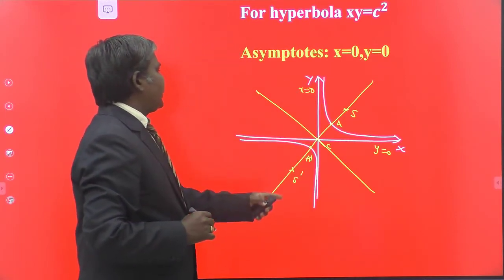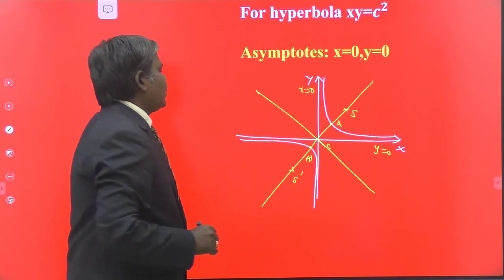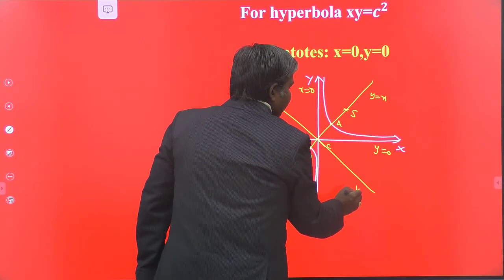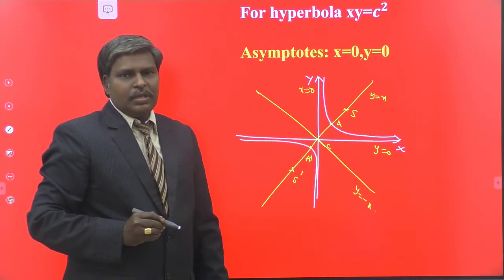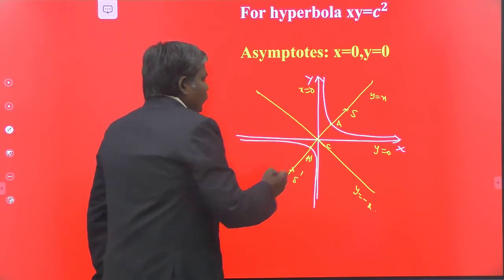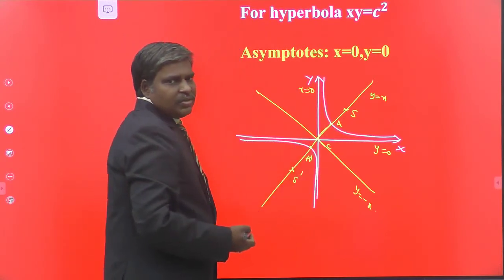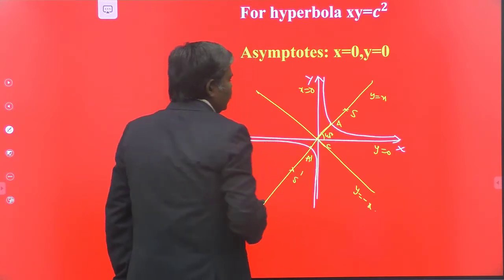These are the coordinate axes or the asymptotes, and your axes are y = x and y = −x. Understand? Now, what is the distance from here to here? A units, and the angle is 45 degrees.